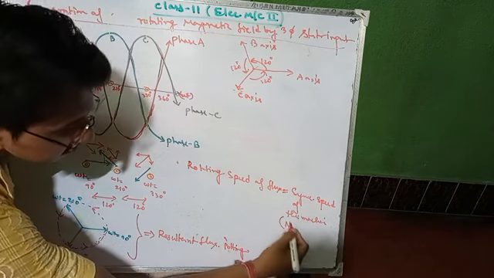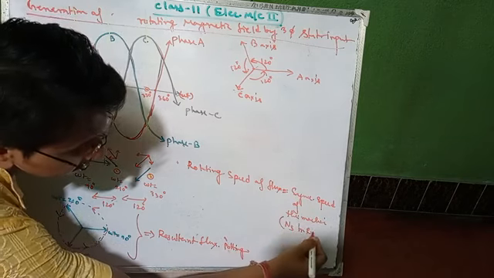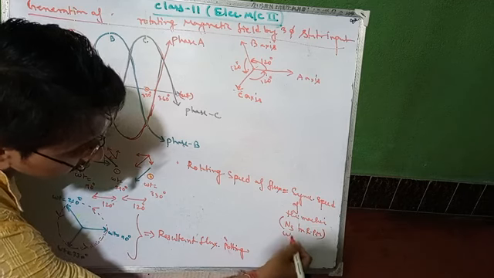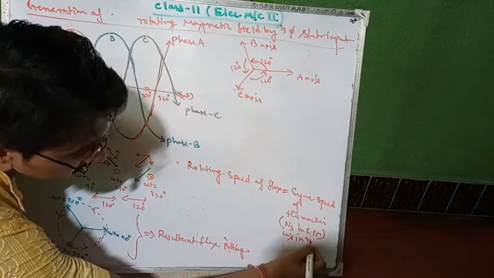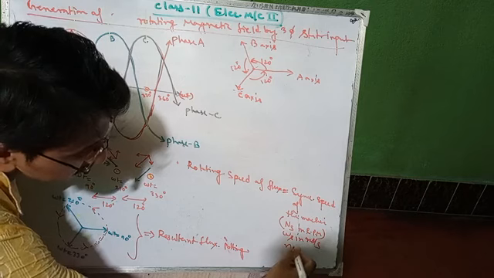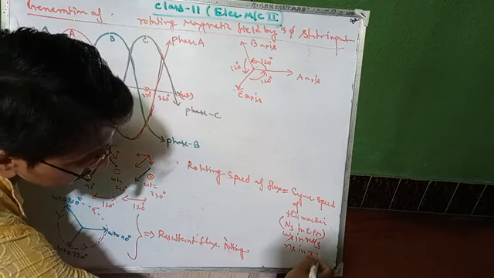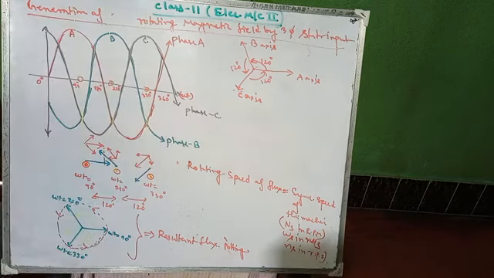It is taken as Ns in rpm, omega s in rad per second, and small ns in rps.